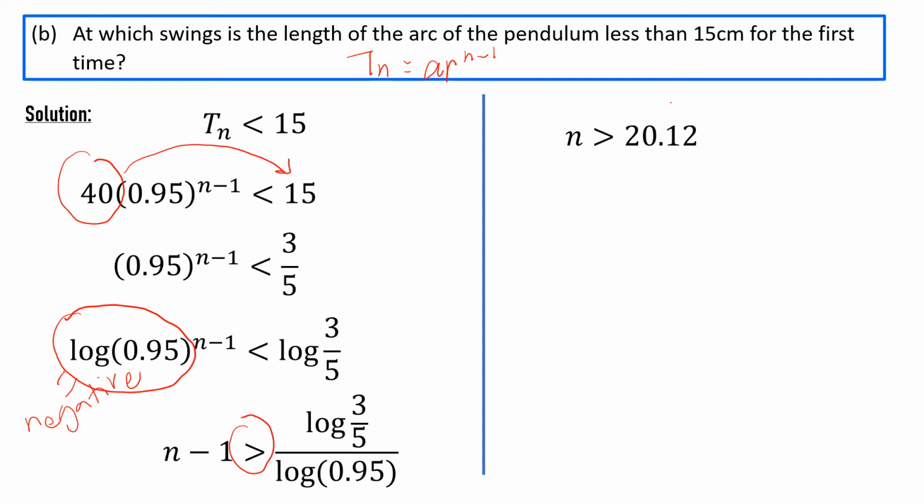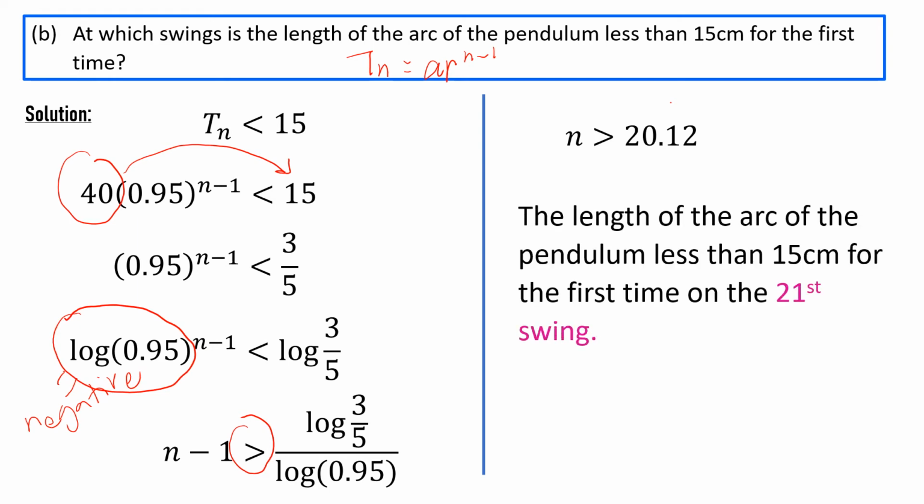And solve, we get n greater than 20.12. Since n is the number of terms, and remember, it must be a positive integer, therefore, we approximate n equal to 21. The length of the arc of the pendulum is less than 15 cm for the first time on the 21st swing.